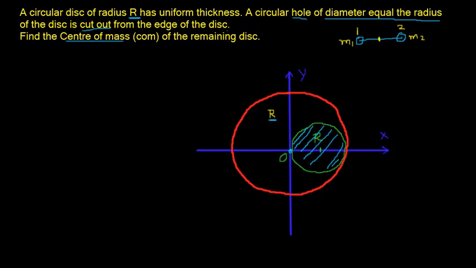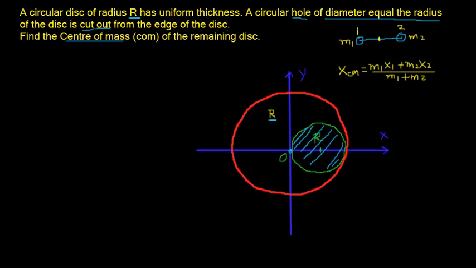And we have studied, we have derived that the coordinates of center of mass is equal to m1 x1 plus m2 x2 divided by the total mass of the system m1 plus m2.